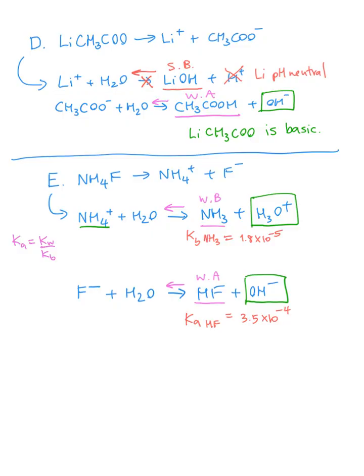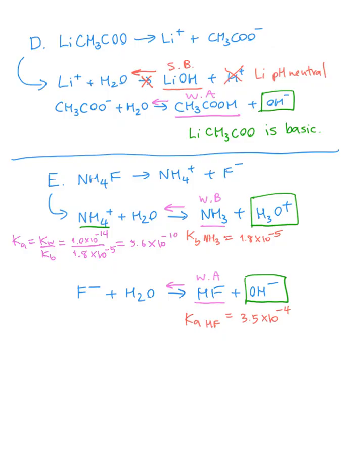Because Ka equals Kw divided by Kb, you are going to divide 1 times 10 to negative 14 by the Kb value of 1.8 times 10 to negative 5, because again these two are a conjugate acid-base pair. That's why this relationship applies. And you will get the Ka of ammonium ion equal to 5.6 times 10 to negative 10.